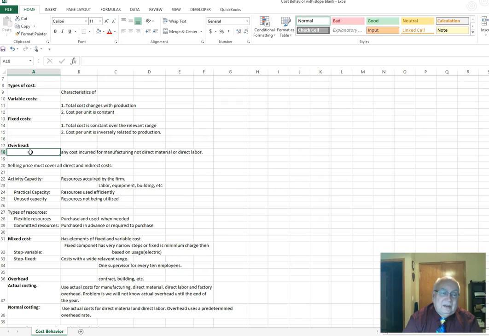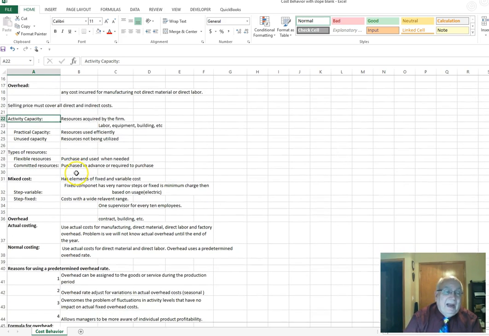So if it's a cost for the office administration, then that's not a manufacturing cost, that's not an overhead cost. The supervisor for this plant would be an overhead cost. So it has to deal with the manufacturing process. Of course, the selling price must cover all direct and indirect costs.